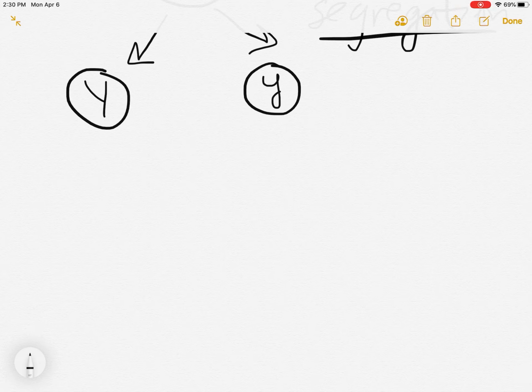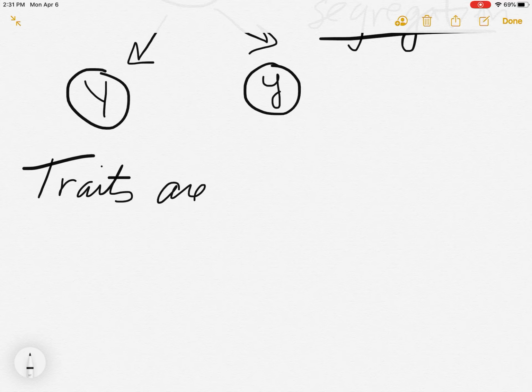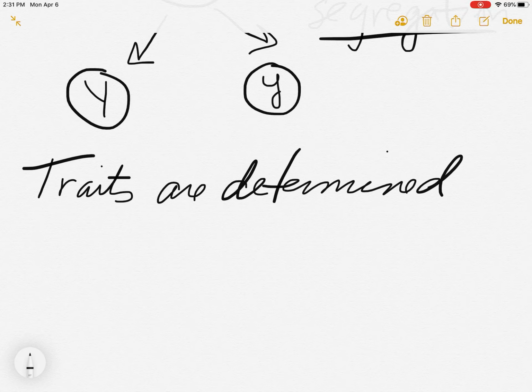So the law of segregation in words simply says that traits, I'll write it out here for you, are determined by pairs of alleles.